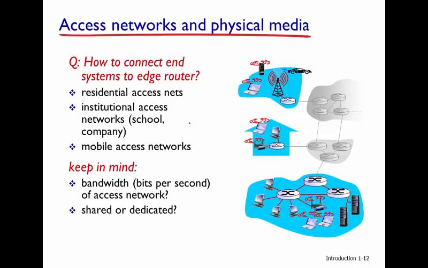Mobile access networks these days are really popular. But keep in mind the bandwidth. Everybody is talking about bandwidth or data speed. Bandwidth actually is the width of the frequency band, and that's related to the speed.